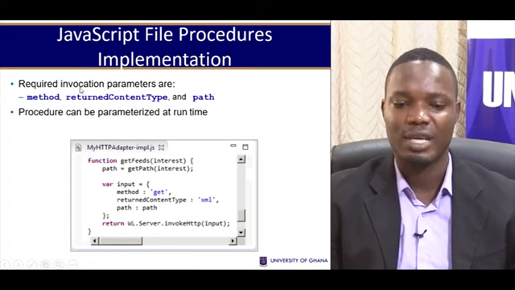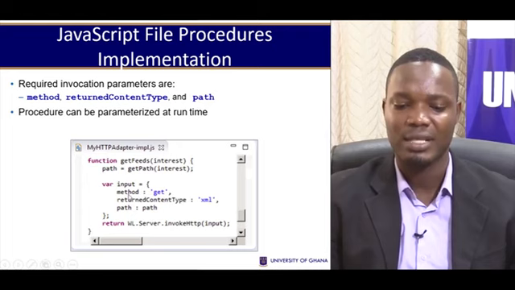So the required invocation parameters are the method, the return content type, and the path. So these parameters are required. Then the procedure can be parameterized at runtime, so at runtime we can choose what we want to do.